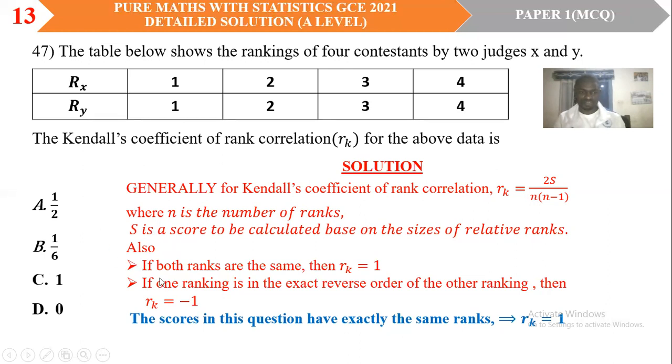Also, it should be noted here that when calculating Kendall's coefficient of rank correlation, these 2 conditions must be verified to see if we can easily state the answer. If both ranks are the same, then the rank correlation RK is equal to 1.